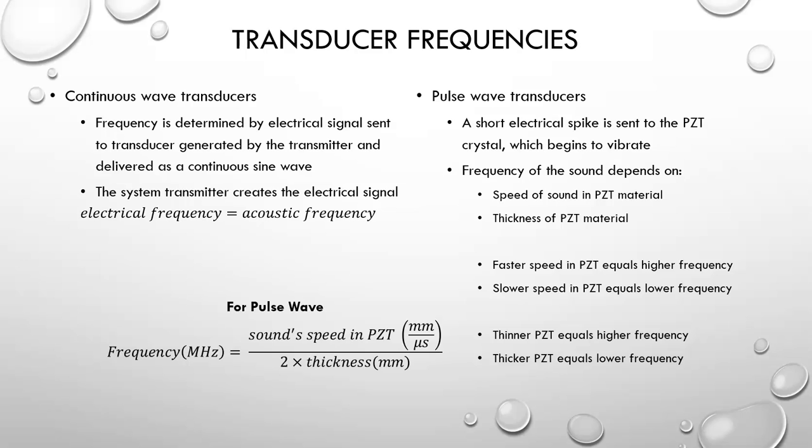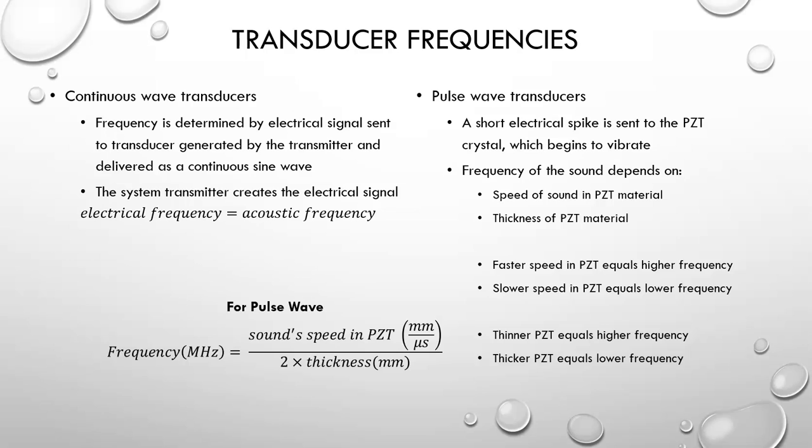Now, we already said that the thickness has to be 1/2 of the wavelength, so that tells you that we can make a different frequency by changing the thickness. Since thickness is in the denominator of this equation here, the thicker the material is, the lower the frequency we're going to have. The faster the speed of sound in the material, the higher the frequency we're going to have.